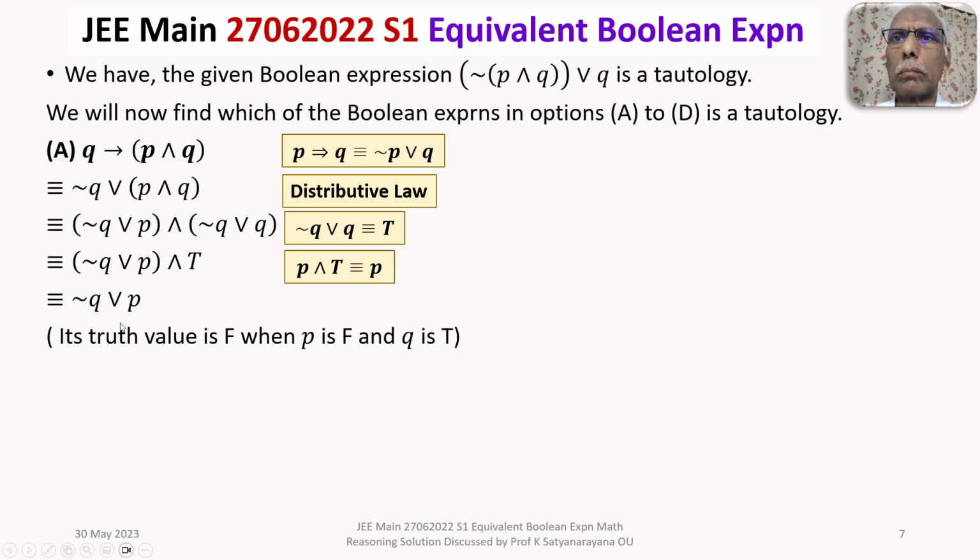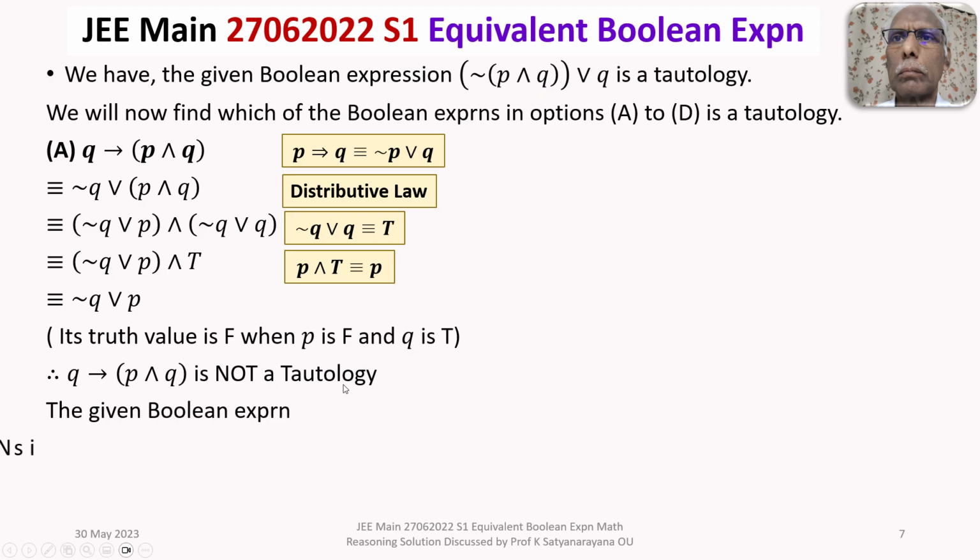Therefore, it is not giving the truth value T for all truth values of P and Q. Therefore, it is not a tautology. When it is not a tautology, the given Boolean expression is not equivalent to the Boolean expression given in A. So option A is ruled out.